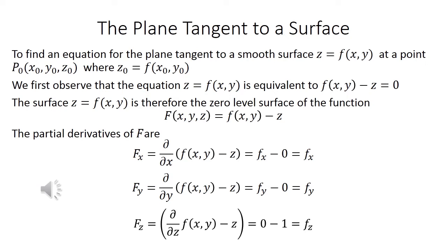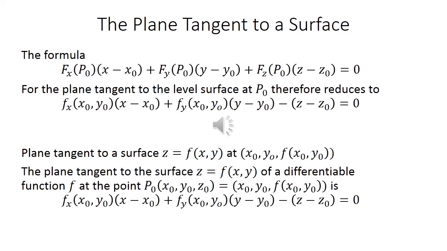The same way we can compute partial capital F with respect to y, to get the first partial derivative of f with respect to y, and the same for z.